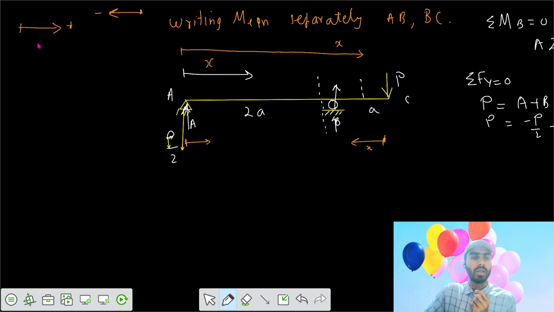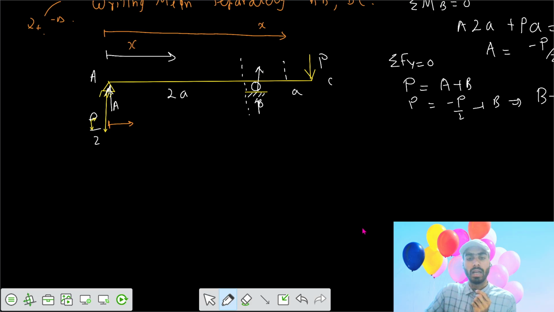Deflection is positive downwards, and in the other case deflection is negative downwards. But theta is anti-clockwise positive here, and here theta is clockwise positive. So to avoid that confusion, we would be writing the moment equation in the same direction for both segments.